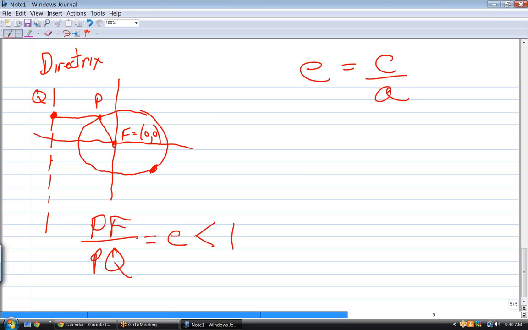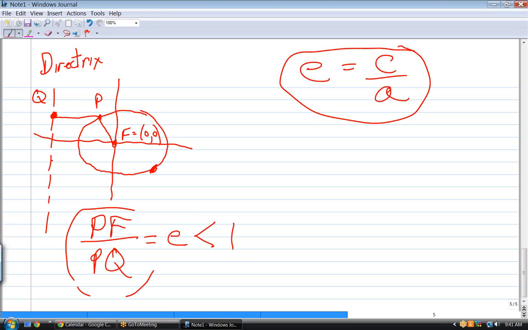I don't know how they get this actually. This seems like such a different definition for E that I don't know how they went from this to this.